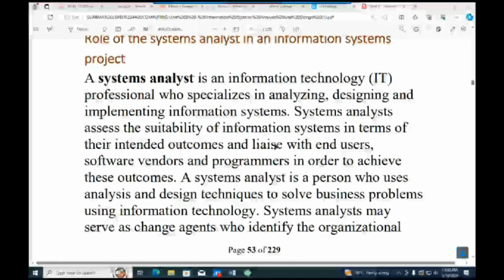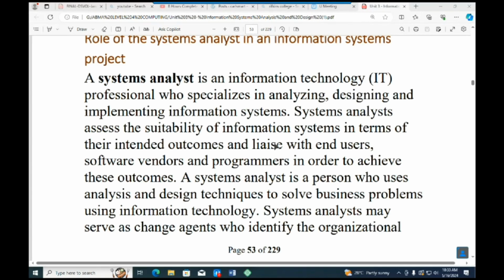A system analyst is actually a professional in information technology who specializes in analyzing, designing, and implementing information systems. So he's a professional that has special skills, or is specialized in the area of analyzing, designing, and even implementing information systems.